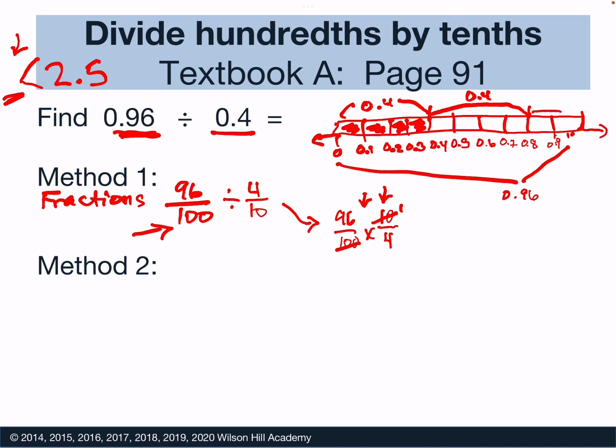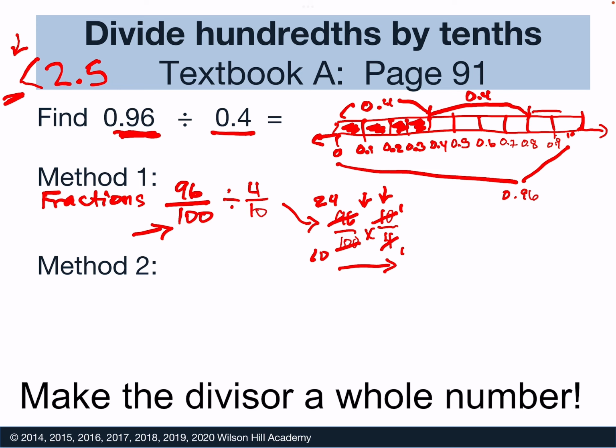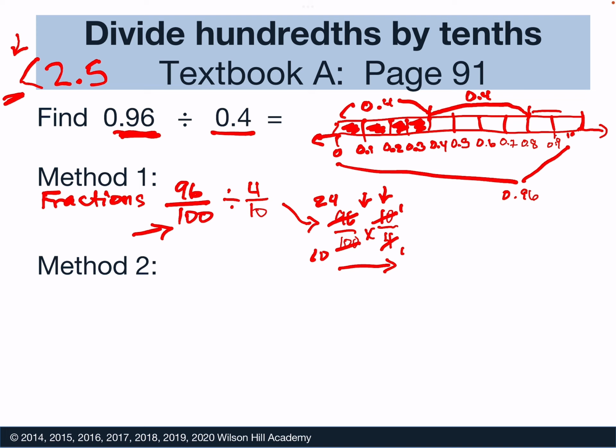10 goes into itself once, and it goes into 100 ten times. 4 goes into itself once, and it goes into 96 24 times. Okay? And so for our new problem, we're going to multiply across numerator and denominator. We're going to go 24 times 1, and that will give us 24.